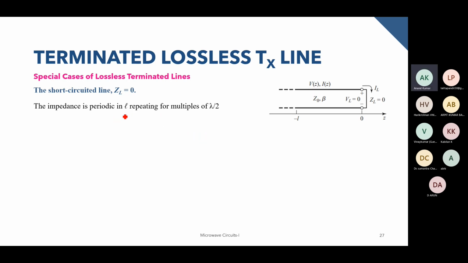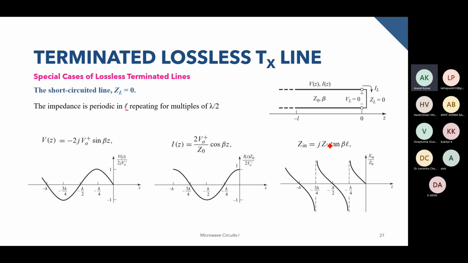So one important thing that we notice is that the impedance is periodic in L. Let me put all of them together. We have already seen that this input impedance is written in terms of tan beta L, and we know that this tan function is periodic in multiples of lambda by 2. And this is how it goes.